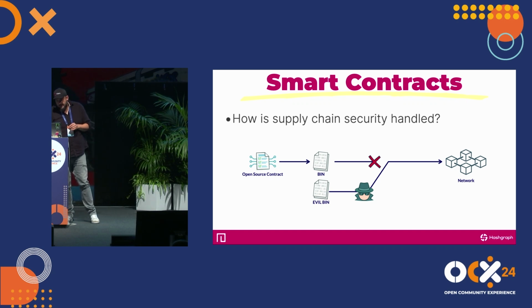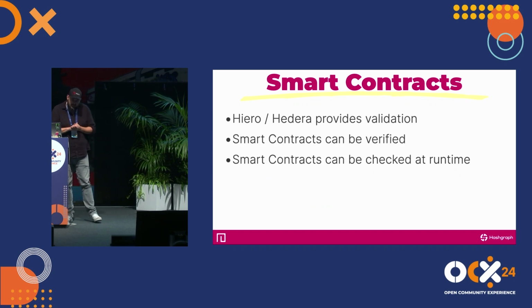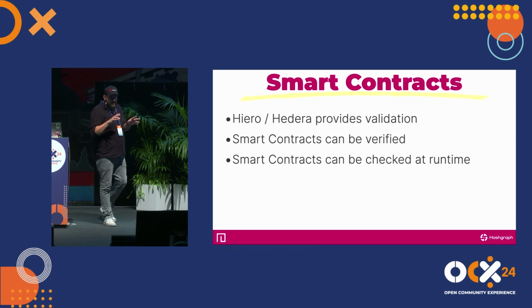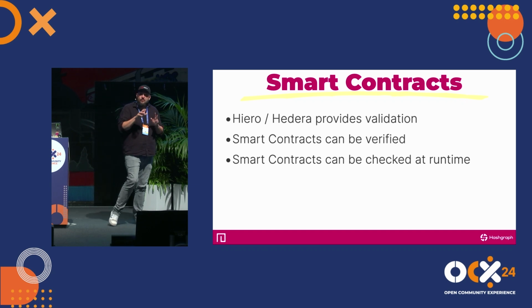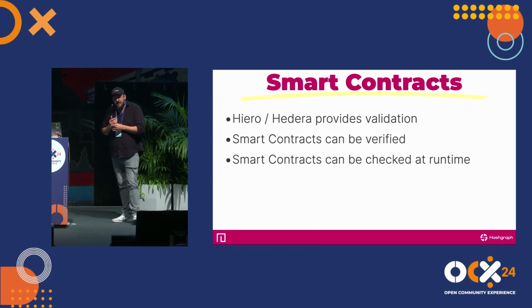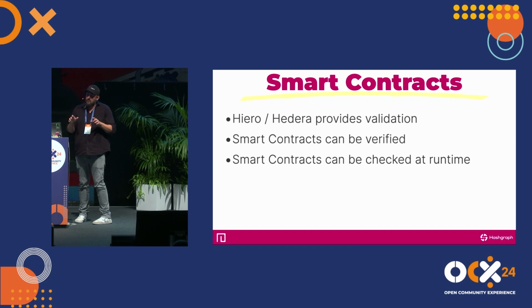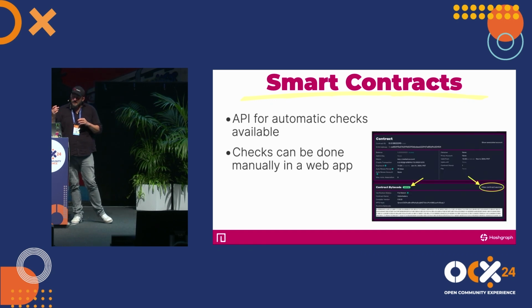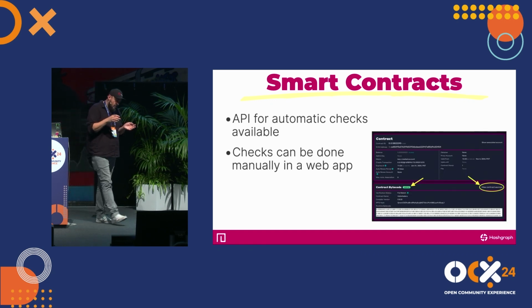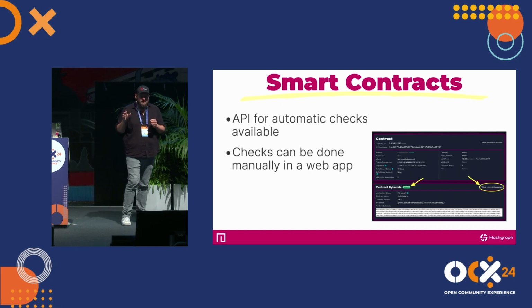So the important thing is, and we can finally do that now, that those contracts need to be verified. And Project Hiero provides exactly this, so that you can verify deployed smart contracts based on this check of reproducible builds and things like that.